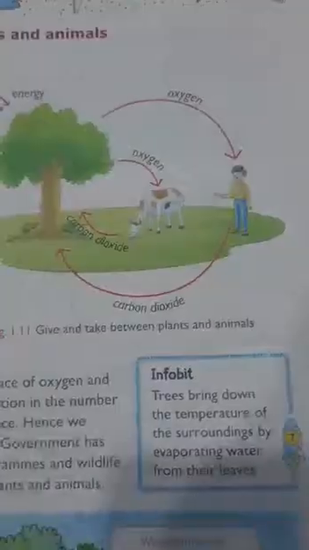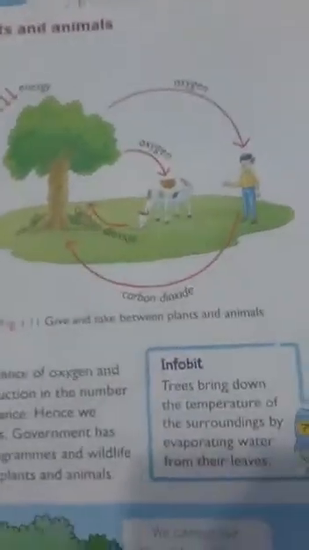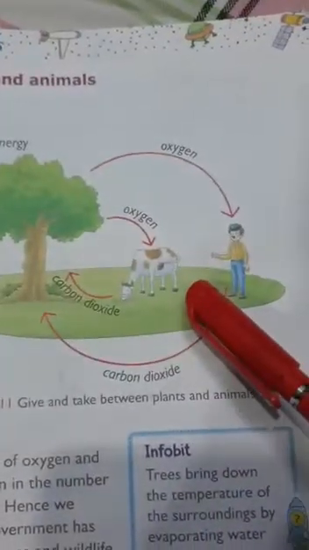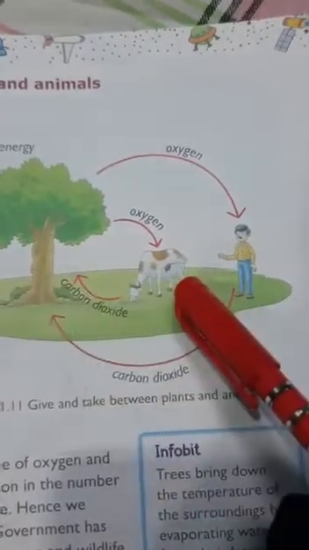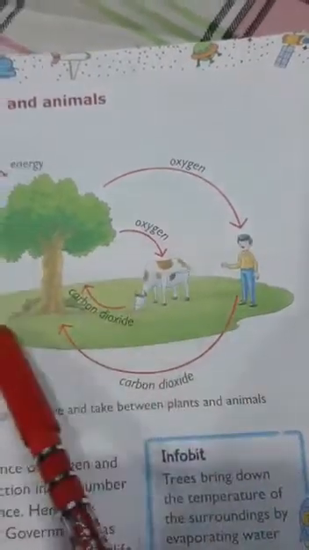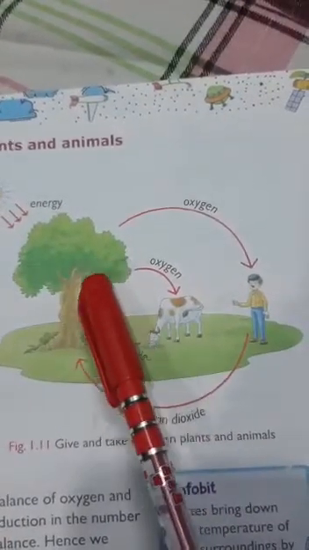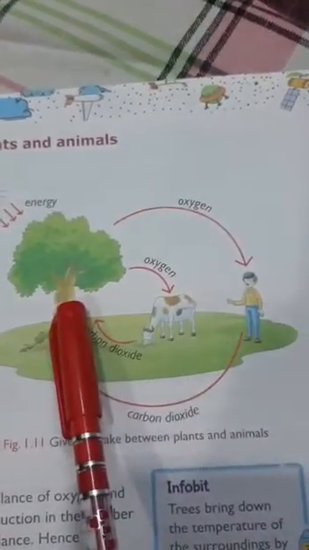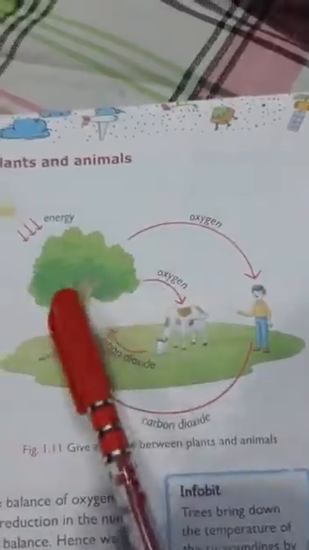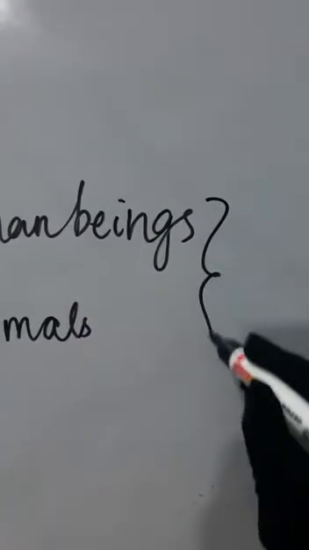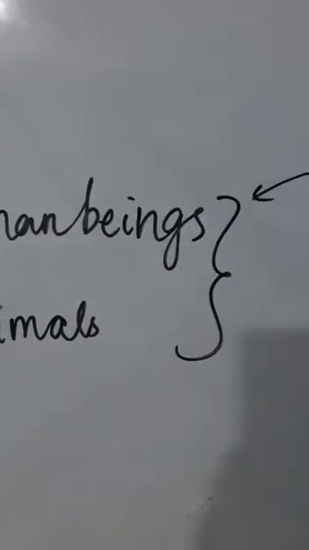As we all know, plants and animals depend on each other for their survival. Animals depend on plants for food and oxygen, while plants use the carbon dioxide given out by the animals to prepare the food. So children, what do we take inside?